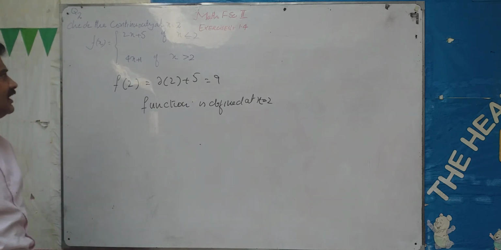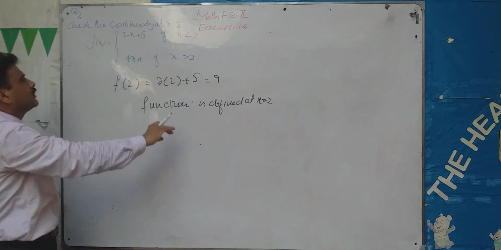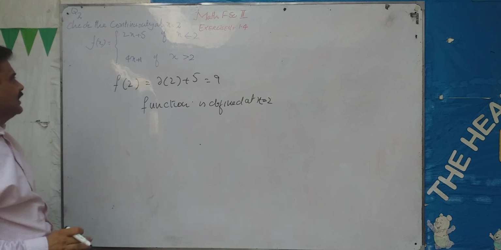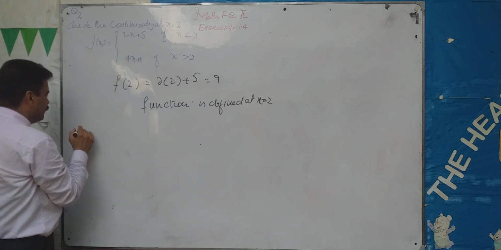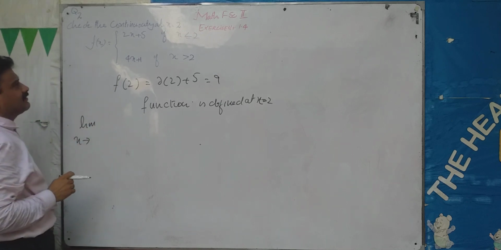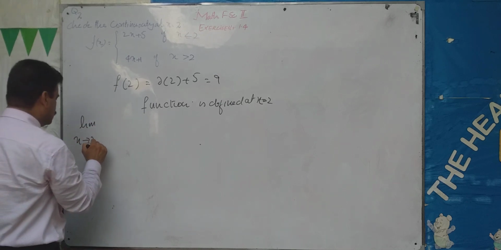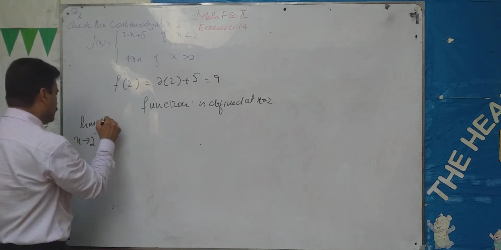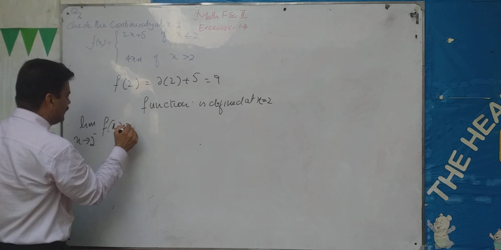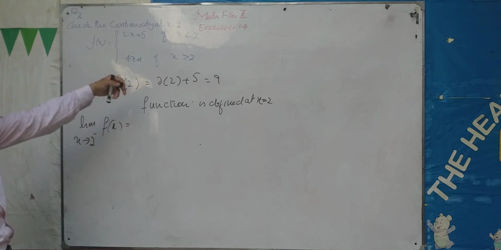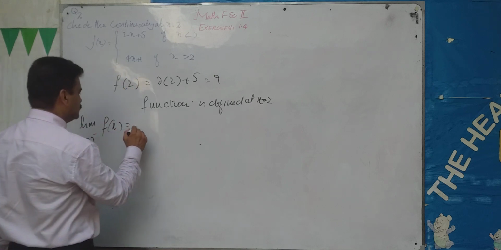We now find the limit of the function at x equal to 2. We check both limits, left hand limit and right hand limit. We write the limit of the function when x approaches 2 from a lower value of 2, or I mean to say we take the left hand limit and the right hand limit of the function.